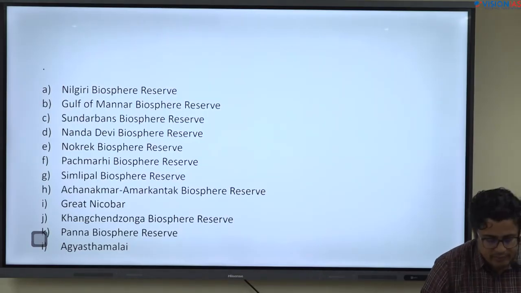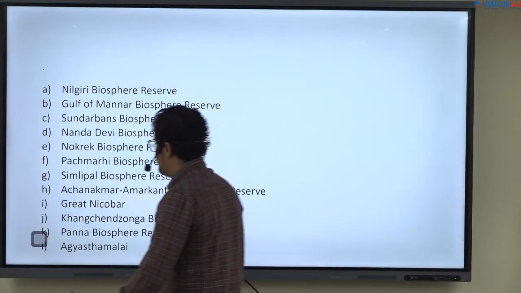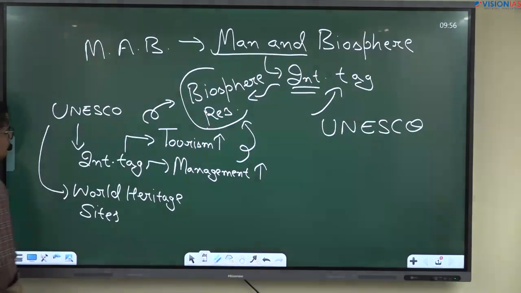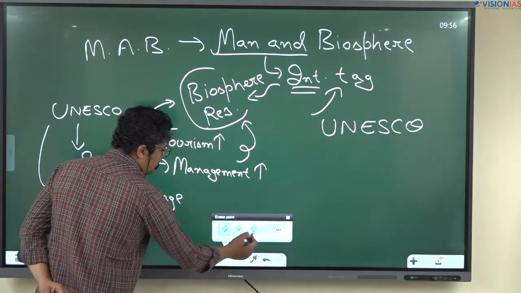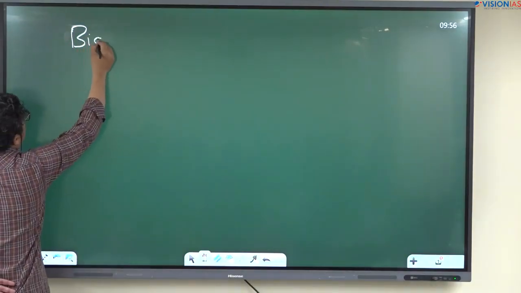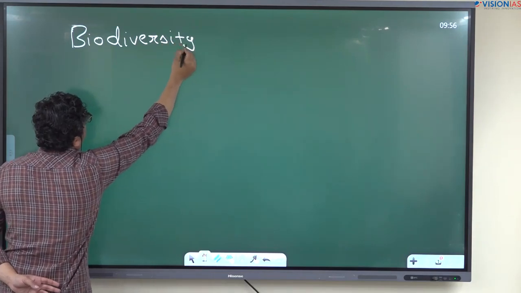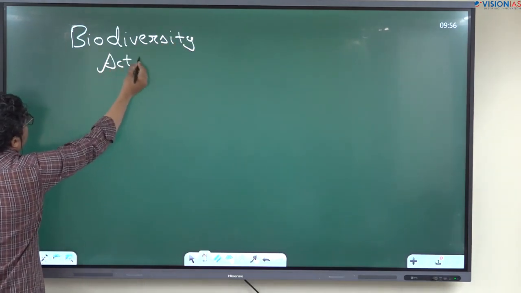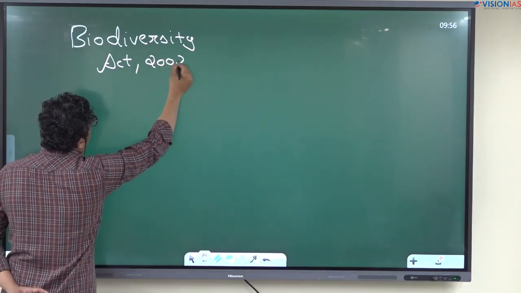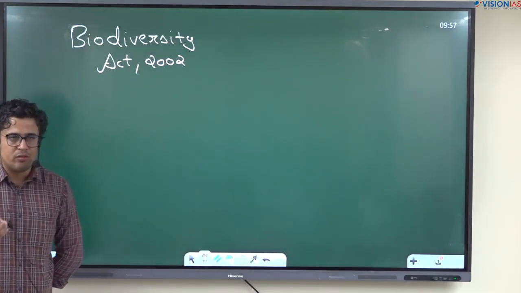Page number 18, Biodiversity Act. The Biodiversity Act came into existence in 2002. There are many acts in our country which talk about conservation of forest.